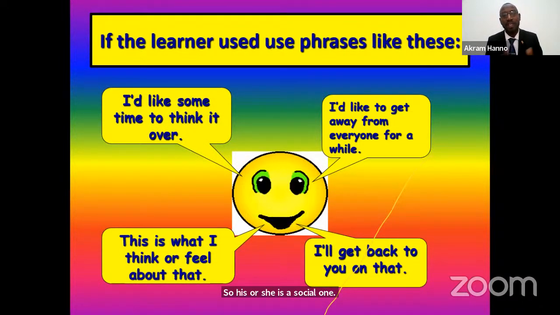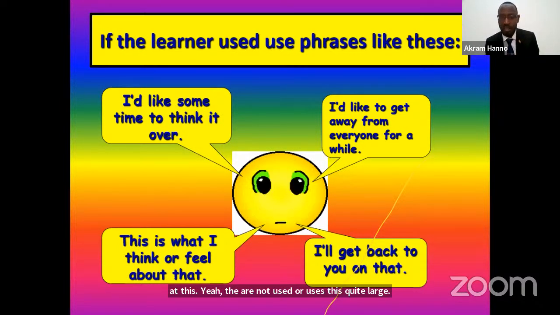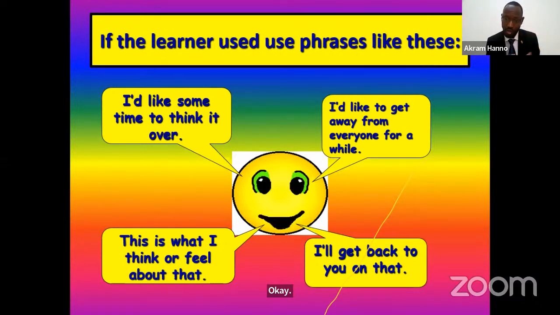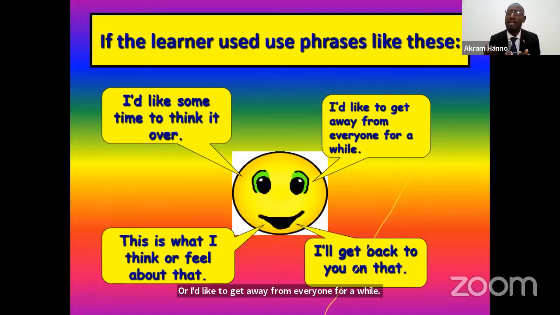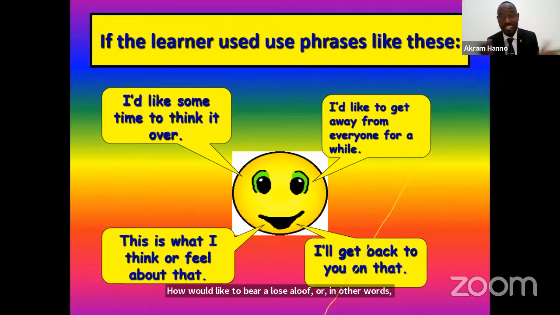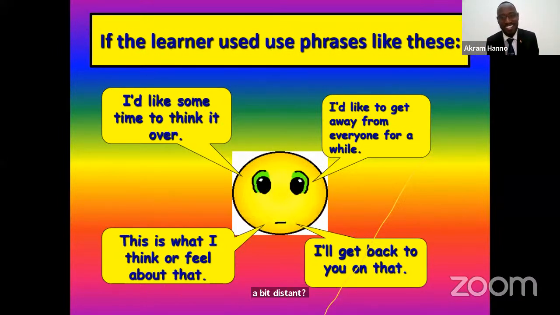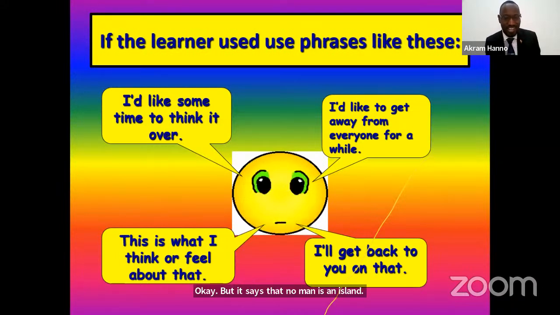If the learner uses this quite a lot: I'd like some time to think it over, or I'd like to get away from everyone for a while. I would like to be aloof, in other words, a bit distant. But it is said that no man is an island.